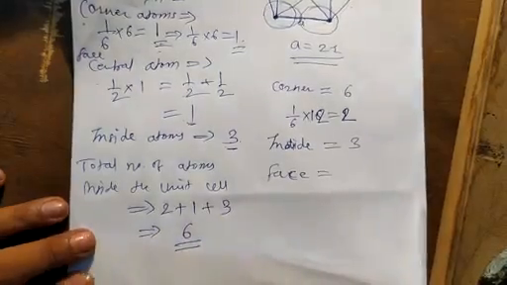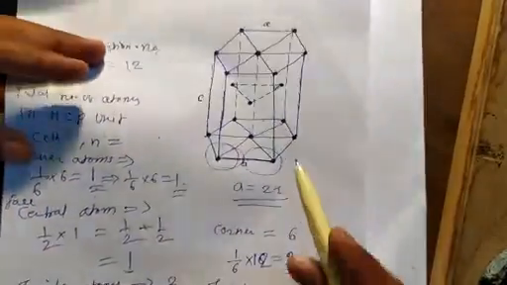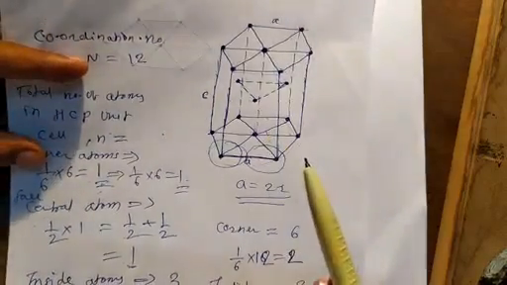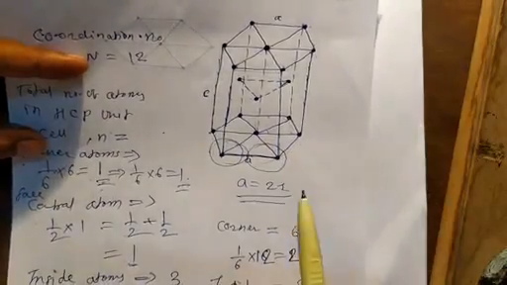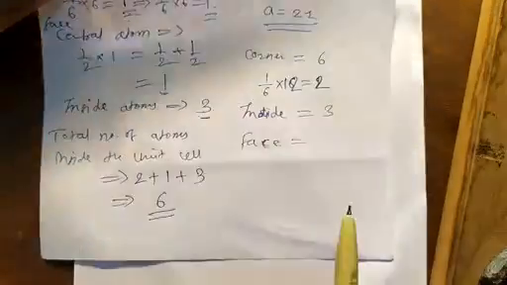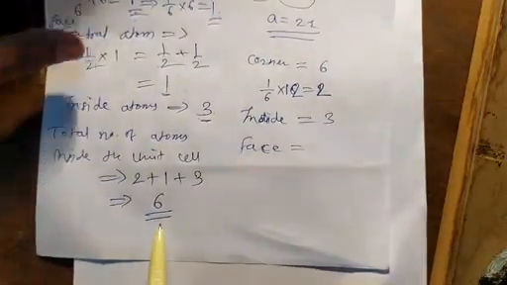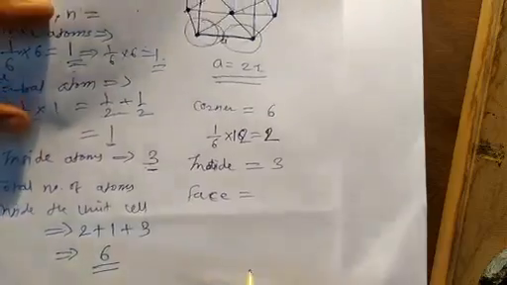Therefore there are a total of 6 atoms within this hexagonal close packed unit cell. As we have seen, in simple cubic there is only 1 atom, in body centered cubic there are 2 atoms, in face centered cubic there are 4 atoms, and in the hexagonal close packed unit cell there are 6 atoms.